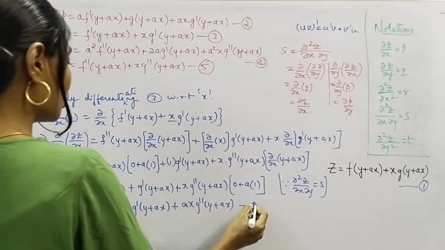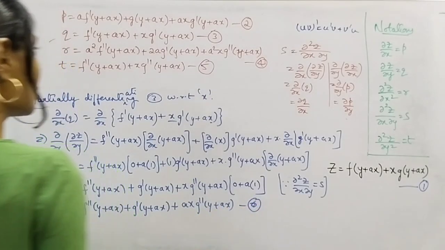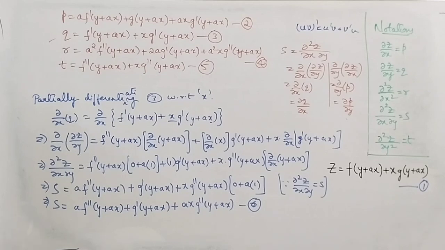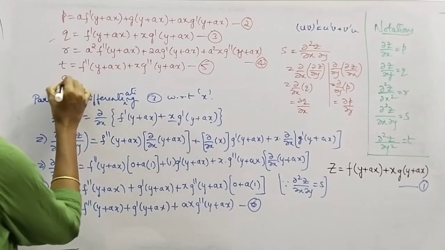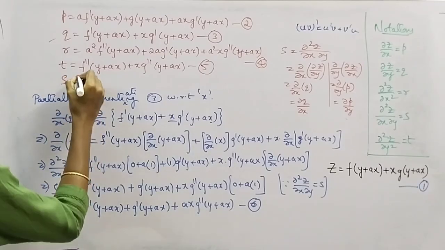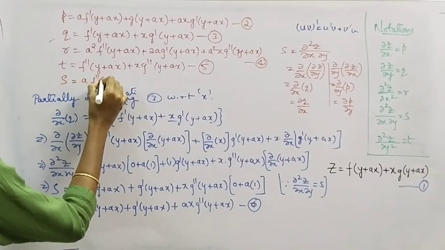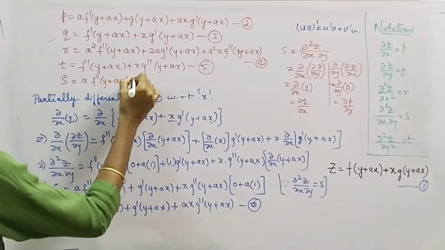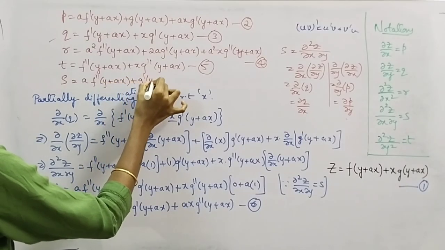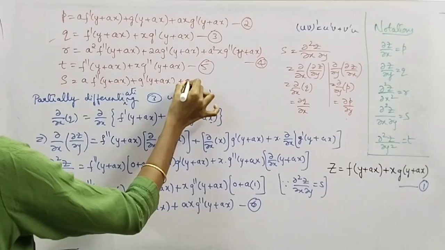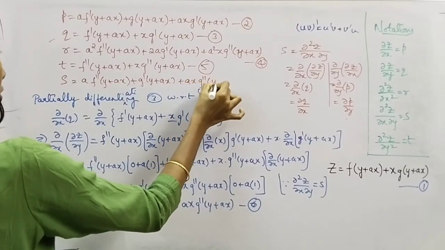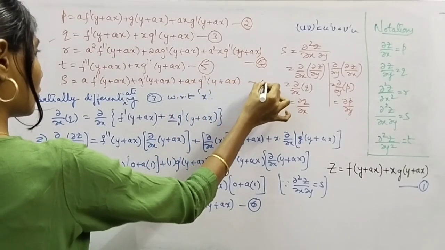Consider this as equation number 6. Fine. We got the equation involving s: s equal to a f double dash of (y + ax) plus g dash of (y + ax) plus a x g double dash of (y + ax).